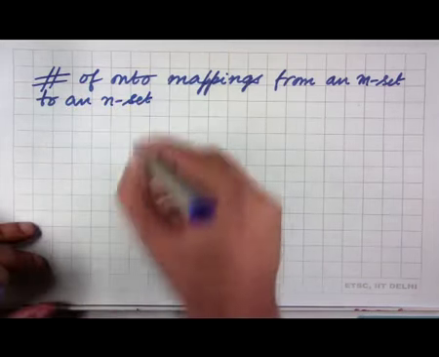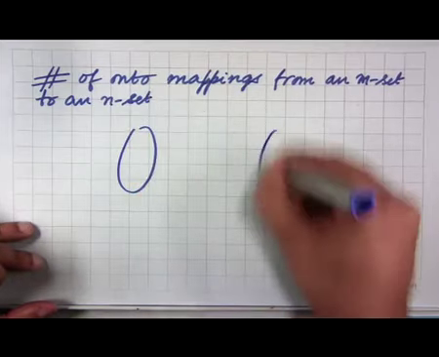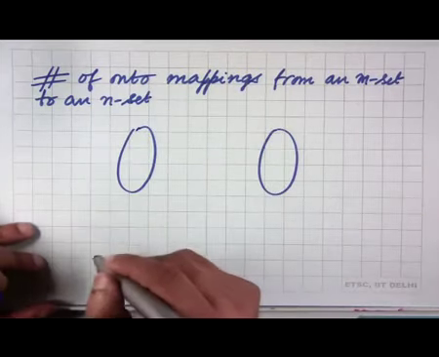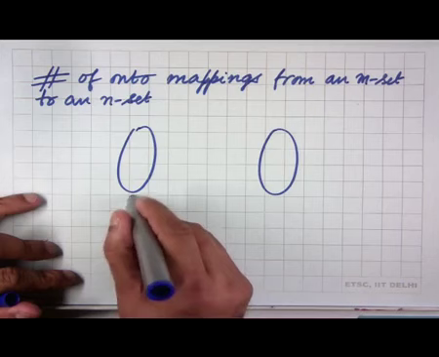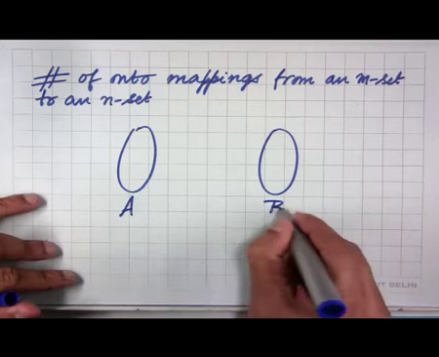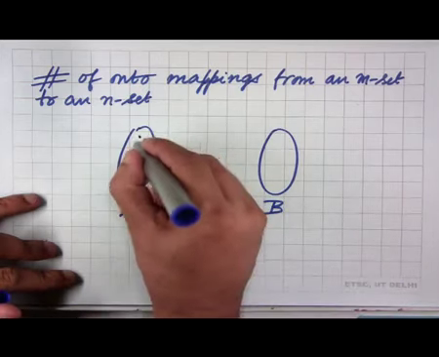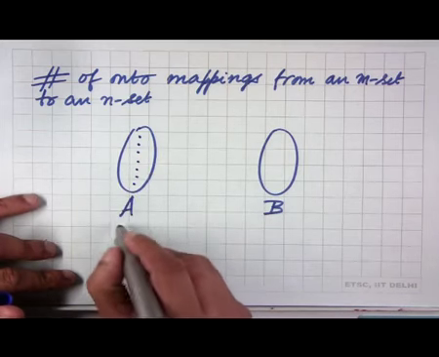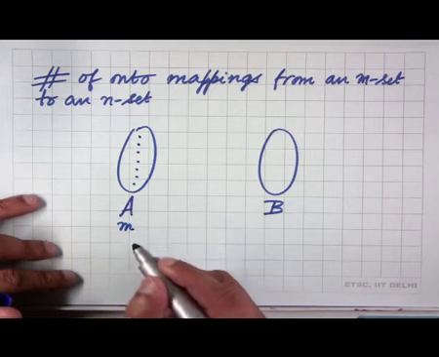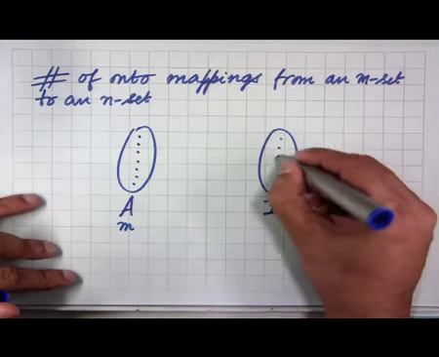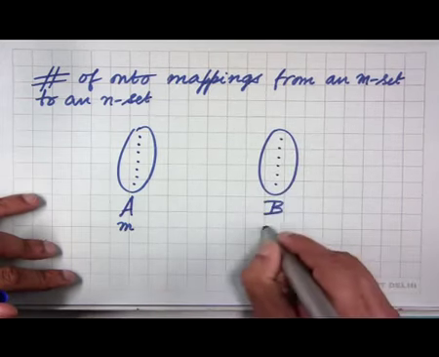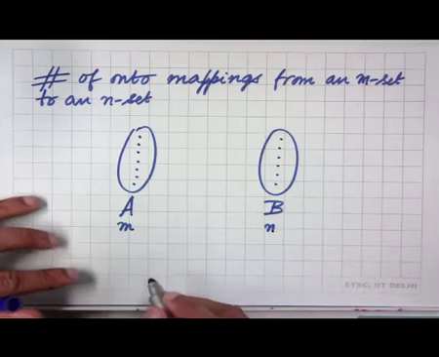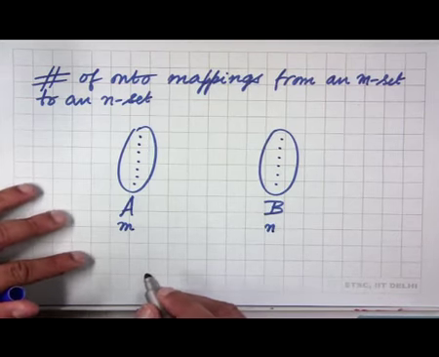We're used to looking at this in terms of two pictures, two Venn diagrams to denote these sets. We can call the set A and call the set B. And we can put some dots in here to denote the elements of A. This is an m set, so there are m elements in here. And the dots in B are these. This is an n set, so the number n is put out there.